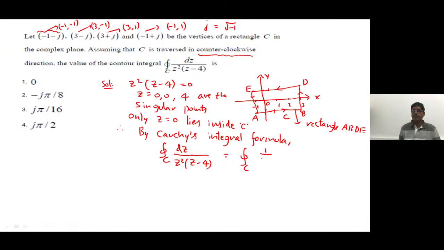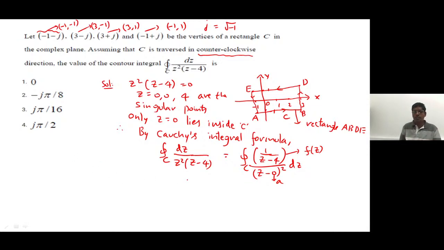So 1 upon Z minus 4, keep it in a bracket, divided by Z square, can be written as Z minus 0 whole square. Then the standard integral notation of the Cauchy integral formula: this bracket is f of z. The denominator is z minus 0 whole square, where a is denoted by the singular point. Usually the singular point is denoted by small a. Whenever the singular point is inside the curve, the corresponding factor you should keep in the denominator, so that the standard form can easily be compared and you get the answer.